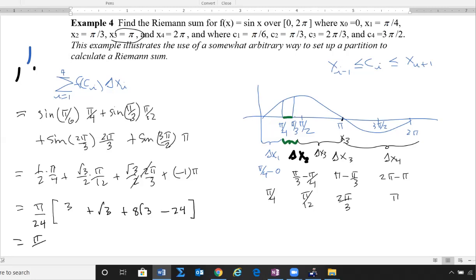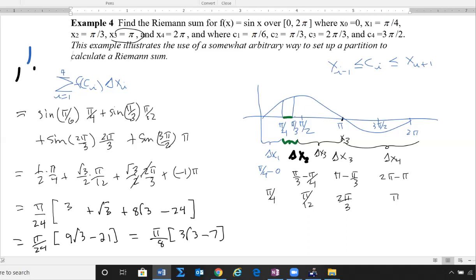So that's pi over 24 times 9 root 3 minus 21. Okay, we can factor out a 3 to make that pi over 8 times 3 root 3 minus 7.